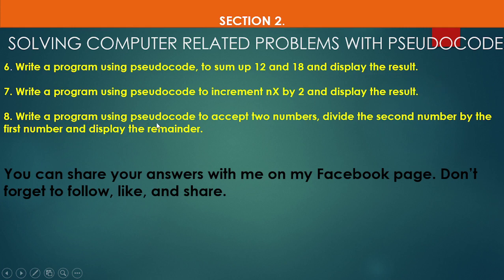Write a program using pseudocode to accept two numbers, divide the second number by the first number and display the remainder. The last question is very easy: accept two numbers, divide the second number by the first number, and display the remainder.